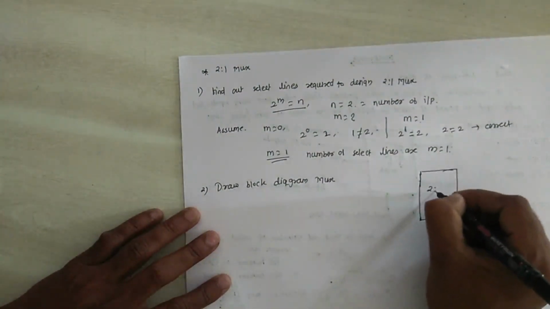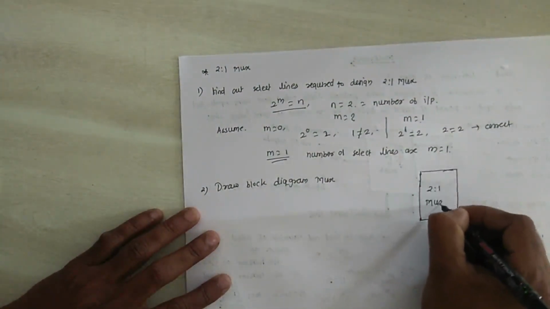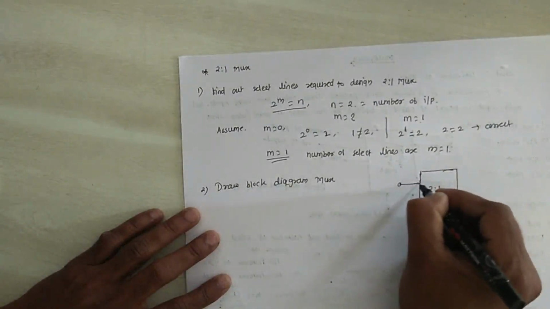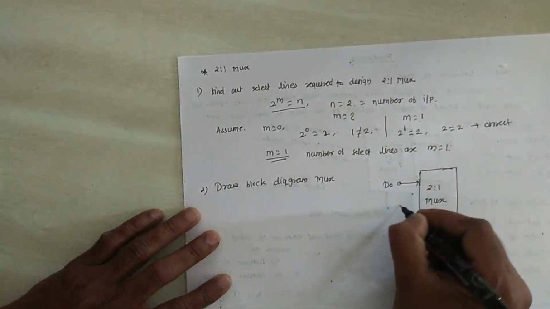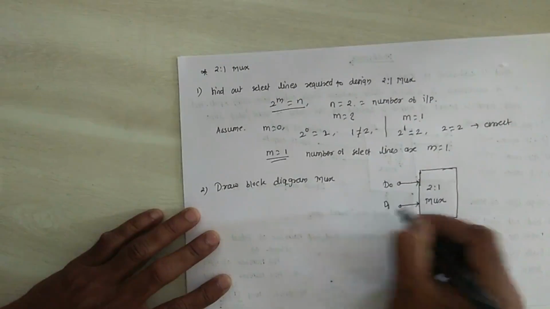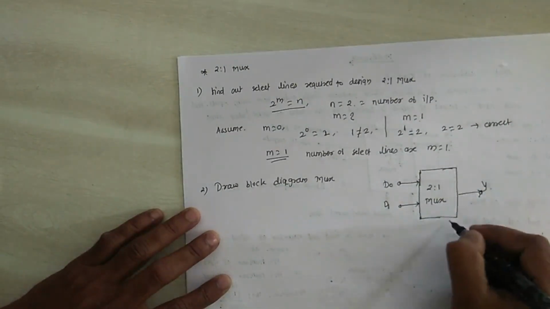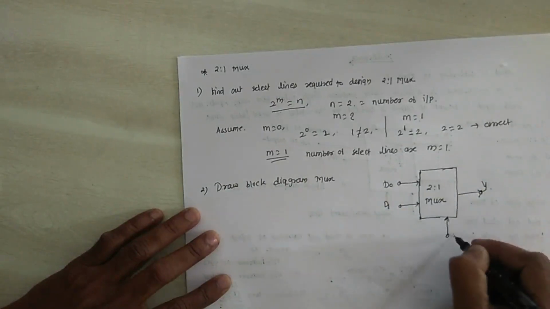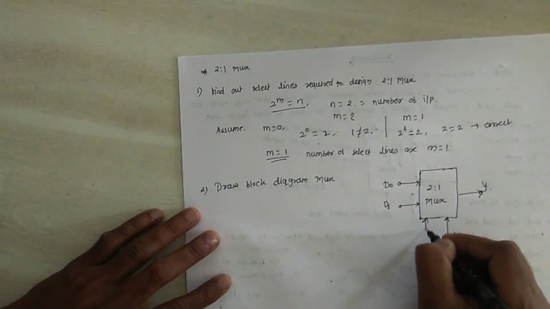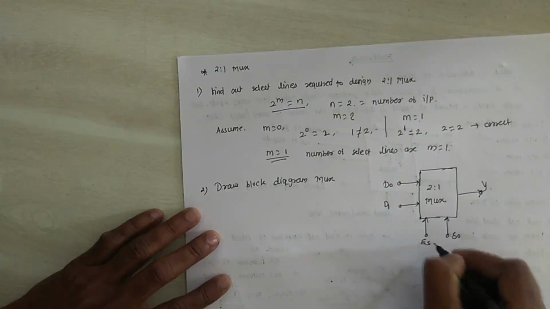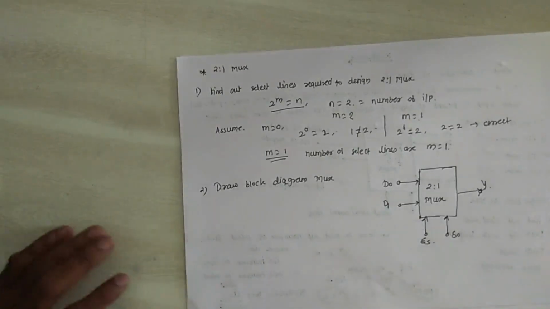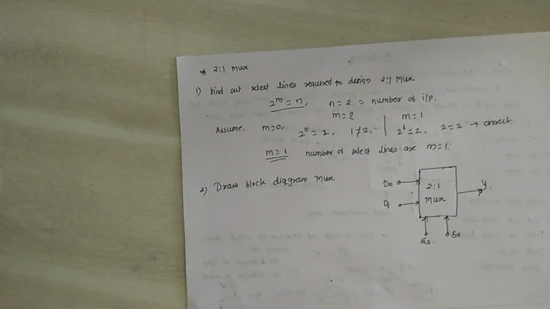This is the 2:1 mux with two inputs, D0 and D1, and only one output, Y, with one more input, the select line S0, and the strobe enable signal ES. This is the basic block diagram of the 2:1 multiplexer.